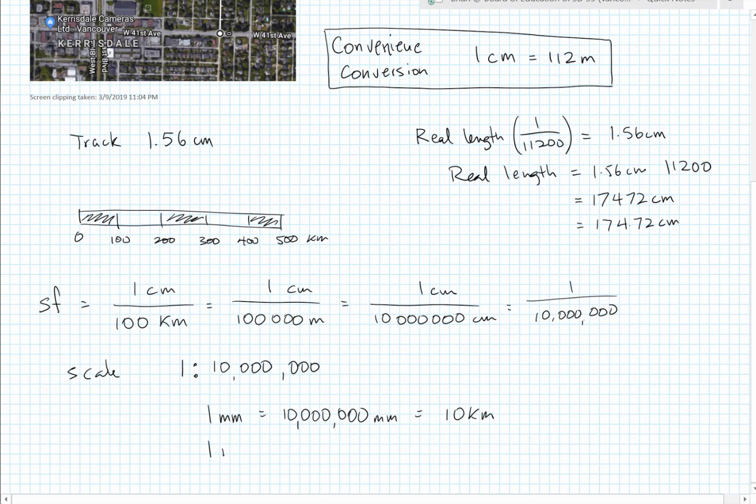But we could just as easily say, well, 1 inch on the map is, and we shouldn't really say an equals here, it should be equivalent to 10 million inches. Now, I have no idea how long 10 million inches is without pulling out a calculator, but I can pull out my calculator and find out that 10 million inches is approximately 157.8 miles. And so we can use the scale with whatever units we like, and in that way it doesn't matter what measurement device we have.